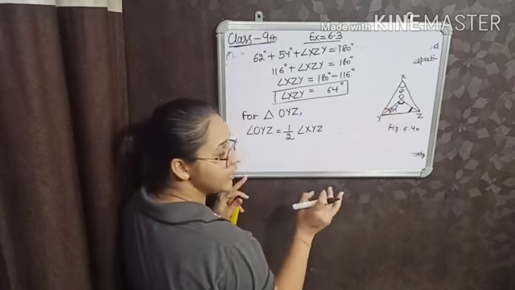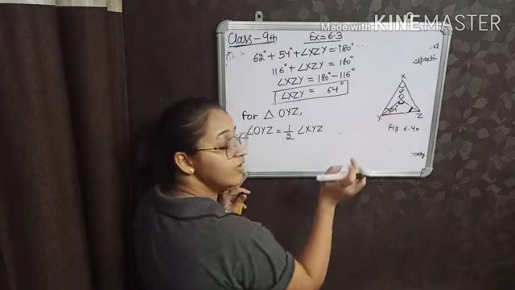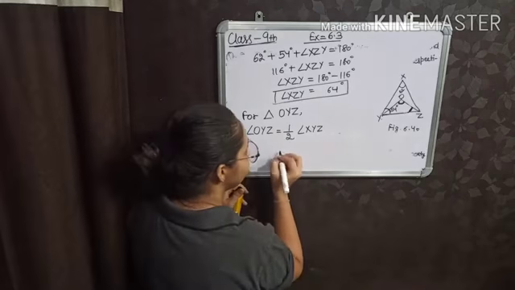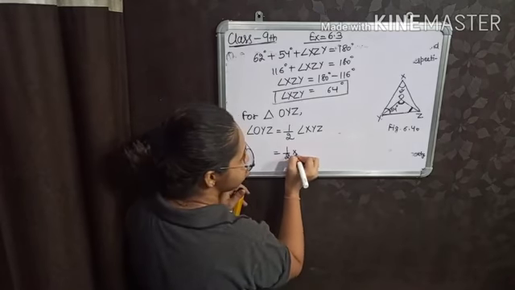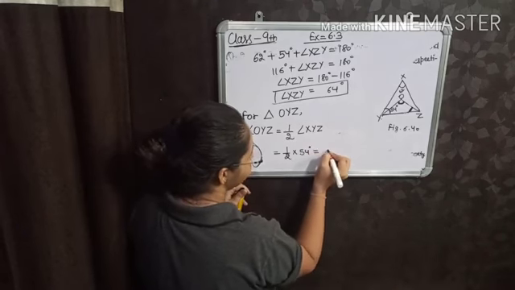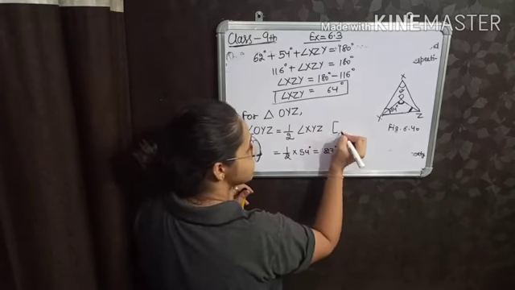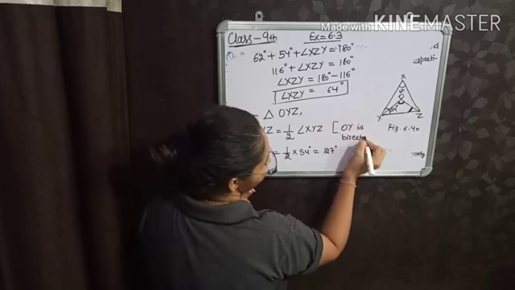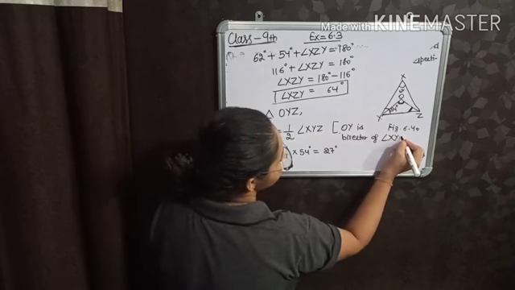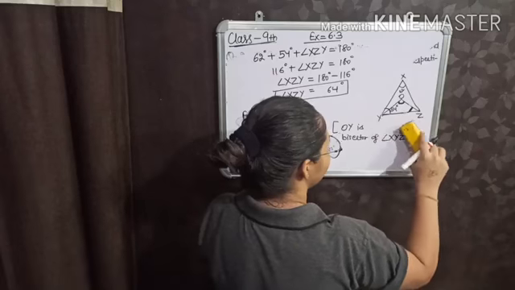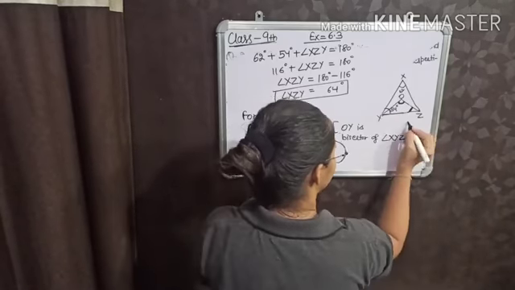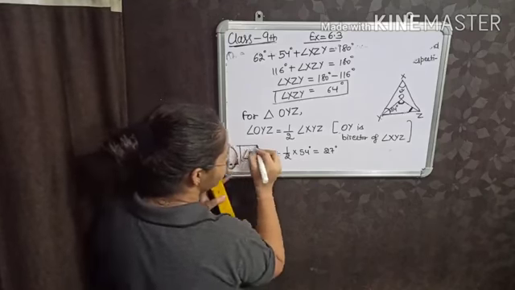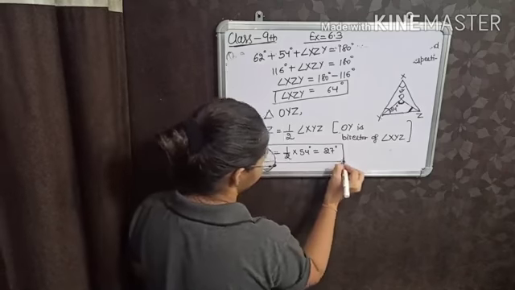If this complete angle is 54, then this small angle will be half of 54, because it is cutting this angle into two equal parts. So 1 by 2 times angle XYZ, which is 54 degrees, will give you 27 degrees. And the reason is OY is the bisector of angle XYZ. So you have found angle OYZ. The smaller angle is 27 degrees.